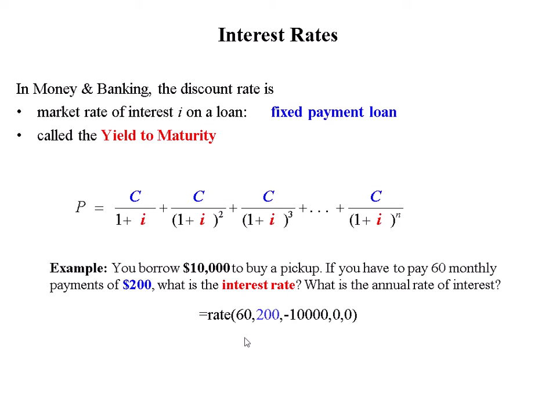So we're first going to do the monthly interest rate. When we want to find the monthly interest rate on a loan, we type equal rate, and then 60 is the number of payments. 200 is the monthly payment, and then minus 10,000.